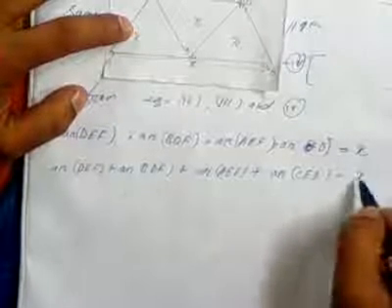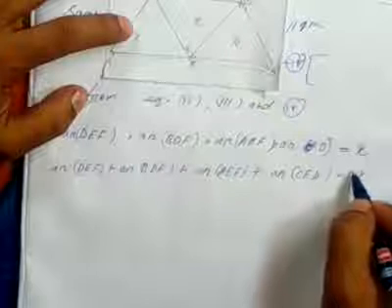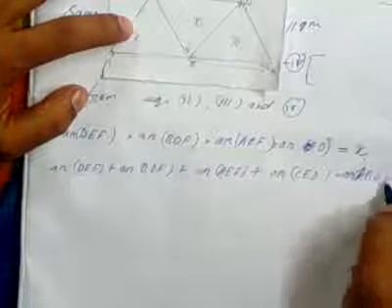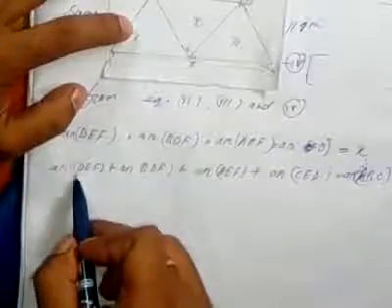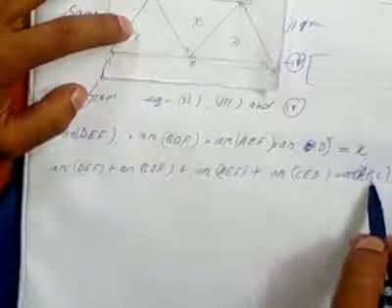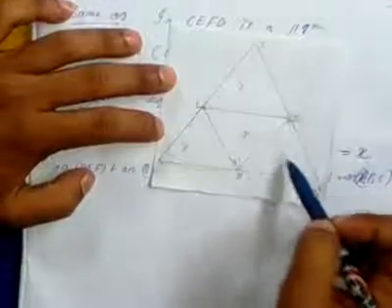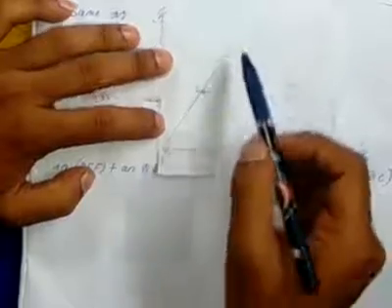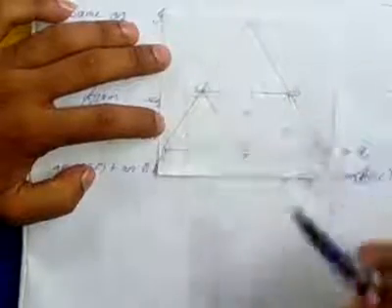If we add all this, we will also get the area of ABC, isn't it? ABC means the whole triangle. If we add all the small triangles, this one, this one, this one, and this one, we will get the big one, ABC. So we will write area of ABC.